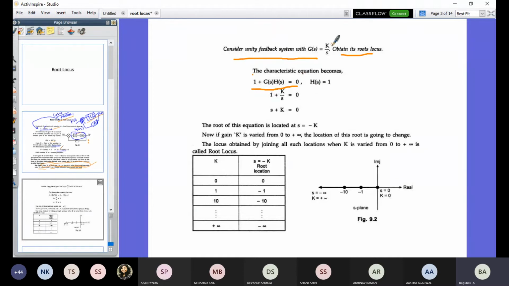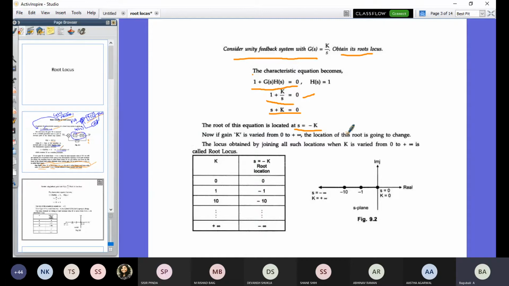G(s) is K by s and it is a unity feedback, so simply substitute H(s) equal to 1 and G(s) equal to K by s. 1 plus K by s equals 0. So now we get s plus K equal to 0. So the root of this equation is located at s equal to minus K. Any doubt here? s equal to minus K.